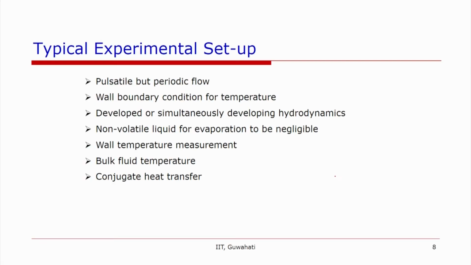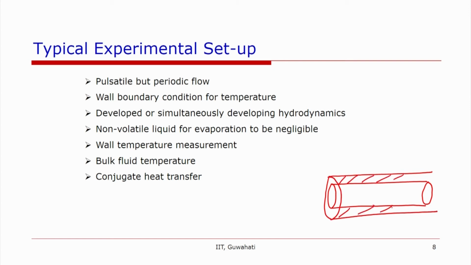Then in most cases, the temperature is measured on the channel wall. So, let us say this is the channel, this is the internal wall of the channel, and this is the outer wall of the channel, and this is the thickness of the channel. So, this is Ri and this is Ro. Now, the sensors will be put somewhere here, where the wall temperature will be measured. So, one needs to take into account the heat transfer that is happening from here to the liquid-solid interface.